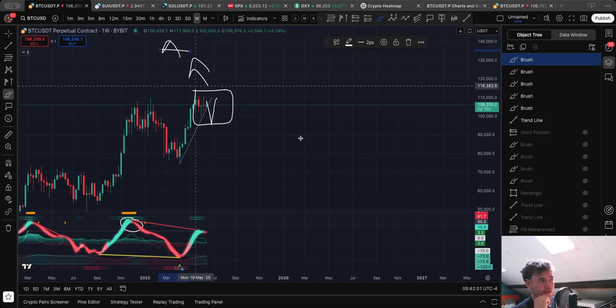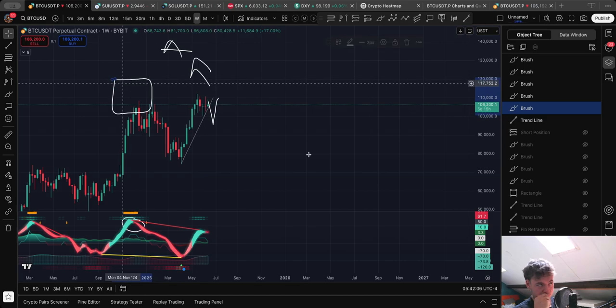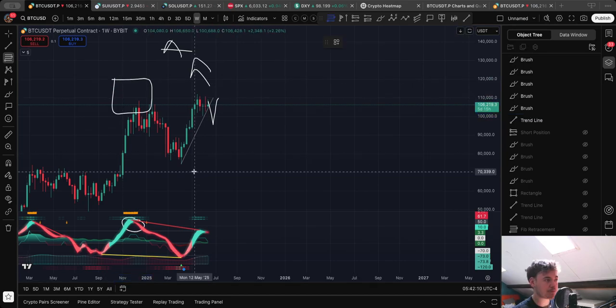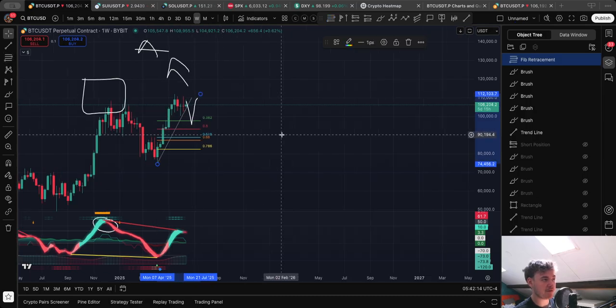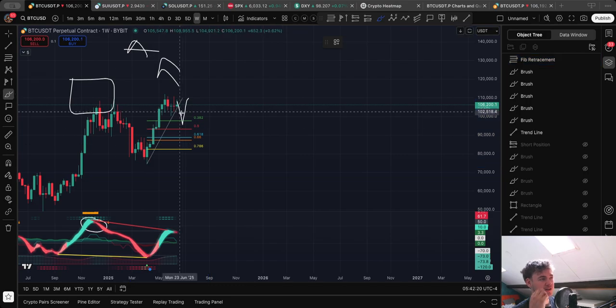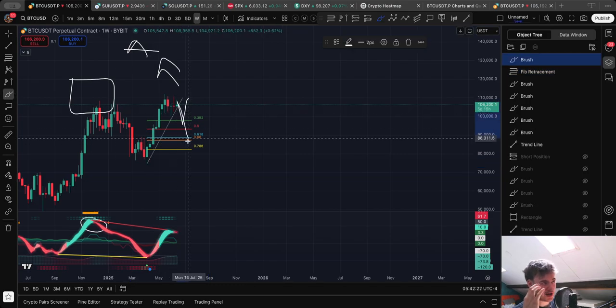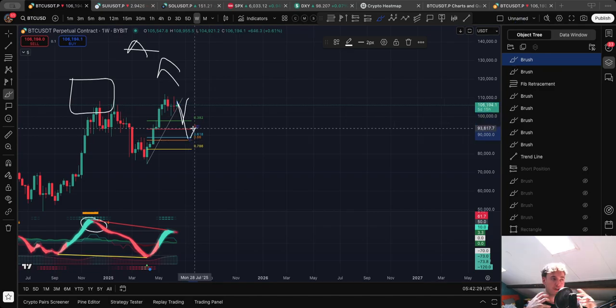And then the second thing is, if I pull a Fibonacci level, we can see how this just makes sense. It's a healthy market structure. If we come down here to the golden pocket 0.786 area, and then we bounce, that would be much healthier.